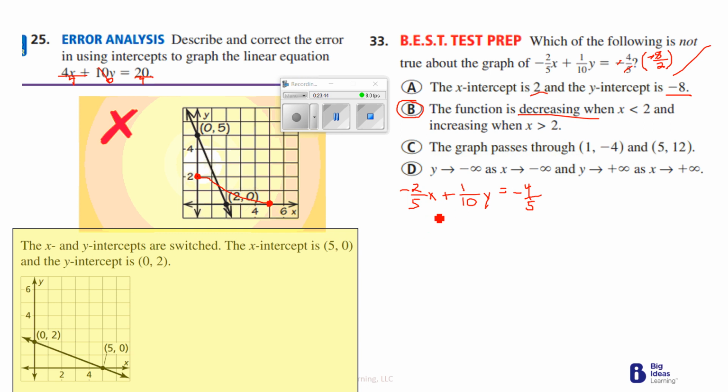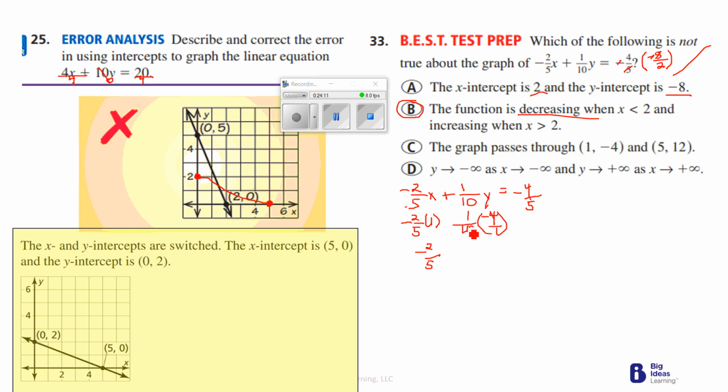So if this was 1, this would still be -2 over 5, right? Even though I'm multiplying it to 1. And if I'm saying y is -4, then that's 1 over 10 times -4 over 1.